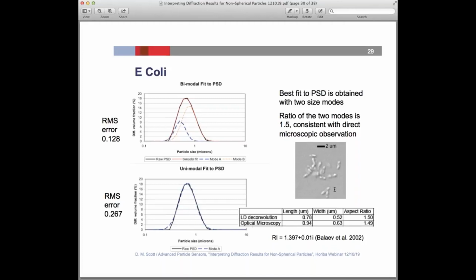That compares with measurements from optical microscopy of 0.94 and 0.63. The aspect ratios are very close. Now, I would say that these are a little bit too close because there was supposed to be a correction factor involved, but the point is it's giving us a result which is not bad.